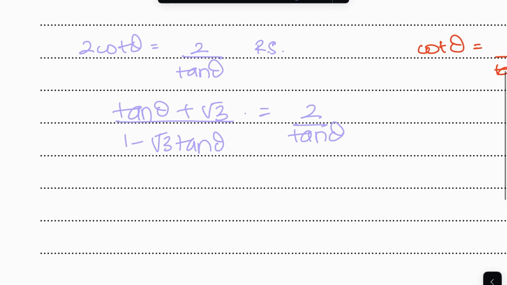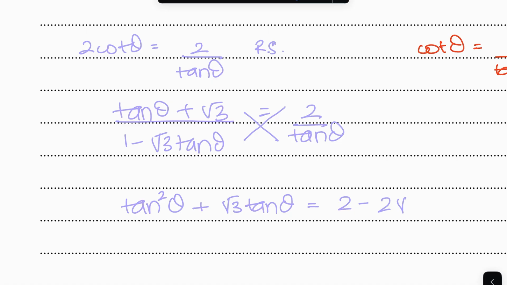And now we will just cross multiply. So tan theta times tan theta would be tan square theta, plus root 3 tan theta, is equal to 2 minus 2 root 3 tan theta.